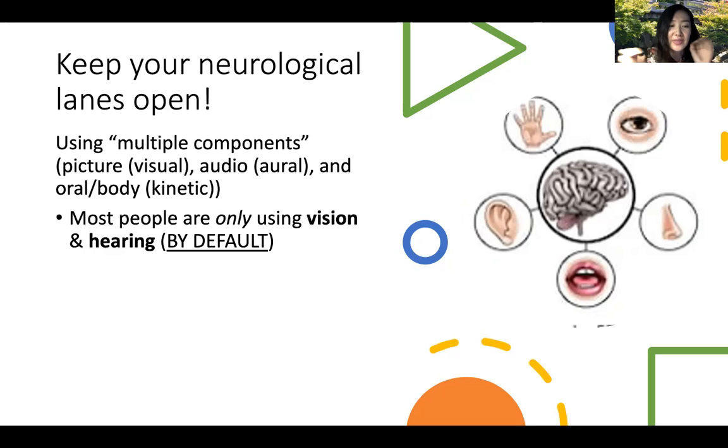Using vision and hearing is good, however, it's not good enough. You want a sharper focus. By using multiple components, you are stimulating your brain so that you can better memorize information or vocab items more efficiently. As you see, each of your senses has its own section in your brain and its own pathway. So ideally, we don't want to close these pathways down, right?